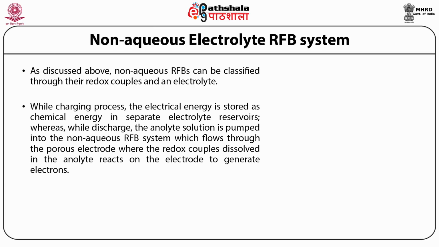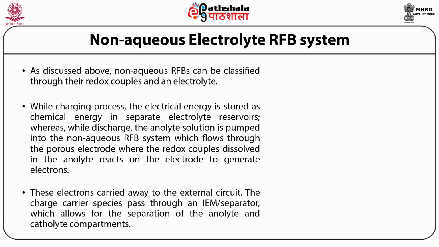While charging, the electrical energy is stored as chemical energy in separate electrolyte reservoirs, whereas while discharging, the anolyte solution is pumped into the non-aqueous RFB system, which flows through the porous electrode, where the redox couples dissolved in the anolyte react on the electrode to generate electrons. These electrons are carried away to the external circuit.